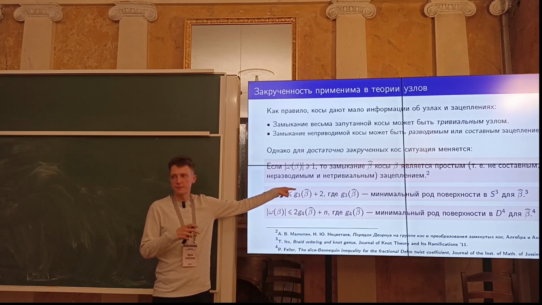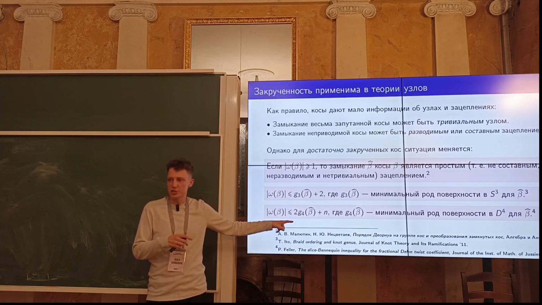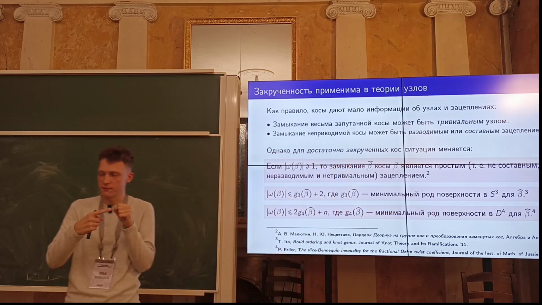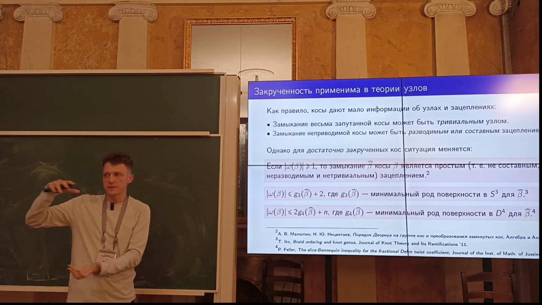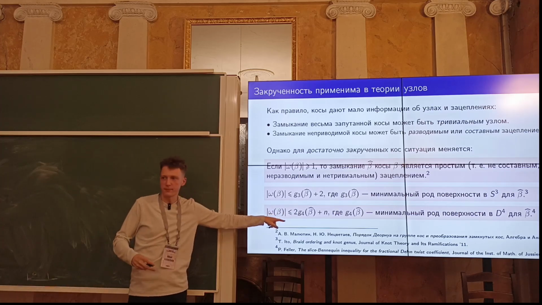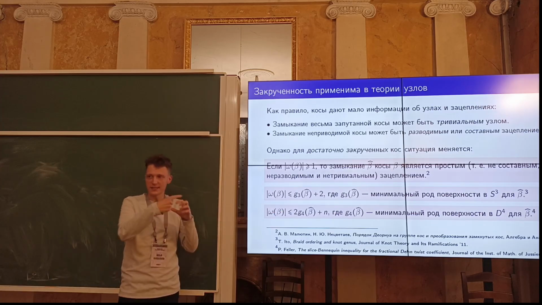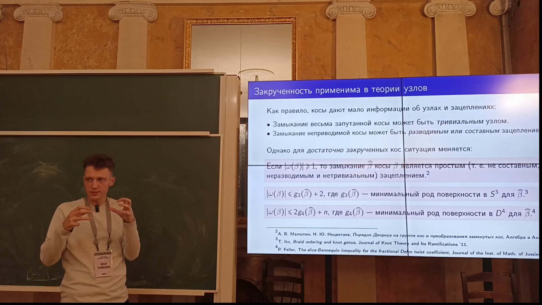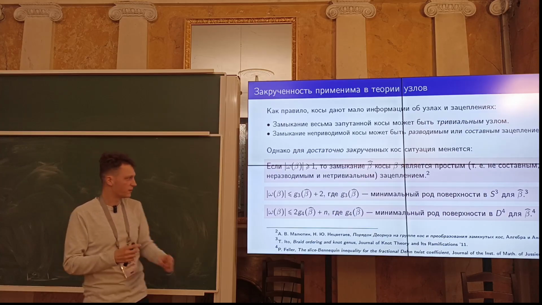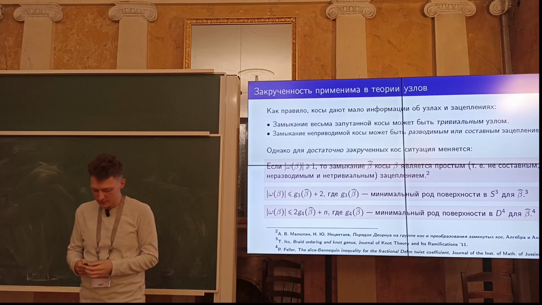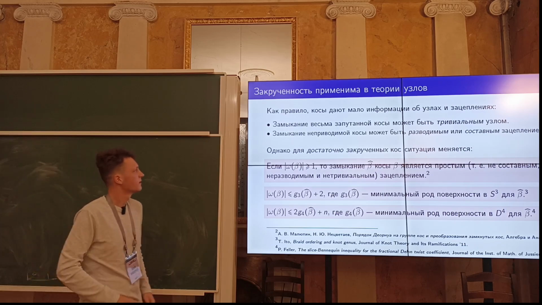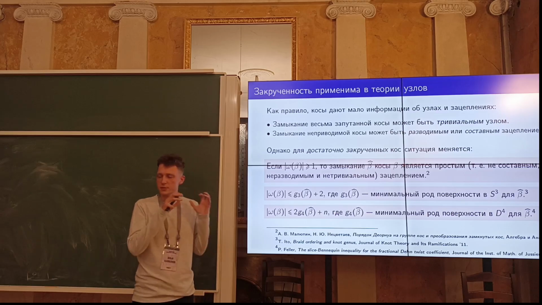If instead of the free genus you consider the so-called slice genus, the minimal genus of a surface that bounds the closure of a braid, where the surface lies in the four-ball, then we have this type of bound, and indeed a sufficiently twisted braid closes to a very complicated knot or link relative to four-dimensional topology. n is the number of strands. Okay, this was the first category.